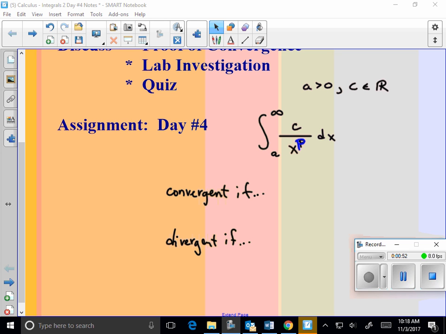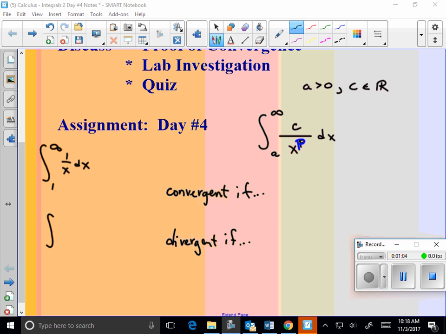If p is, yesterday we talked about it, right? We said, what did we say about this integral from 1 to infinity of 1 over x? Was that convergent or divergent? Divergent. And then the moment we did this to it and made that 1 over x squared, that became convergent. Because when I take the integral of this, I get natural log of x.